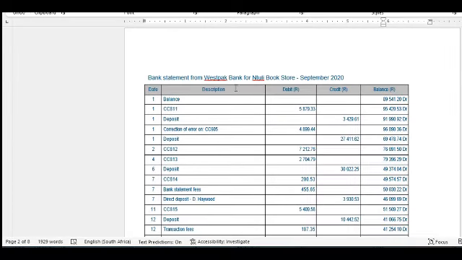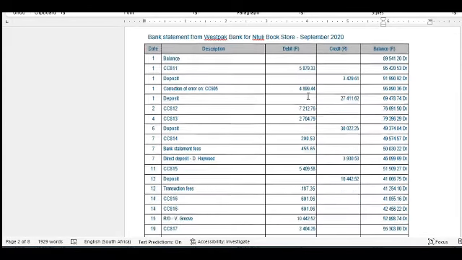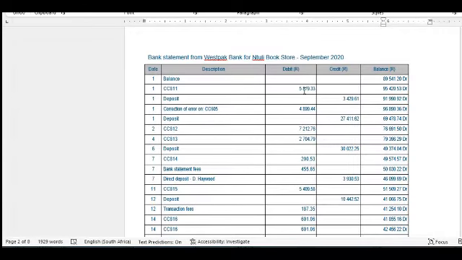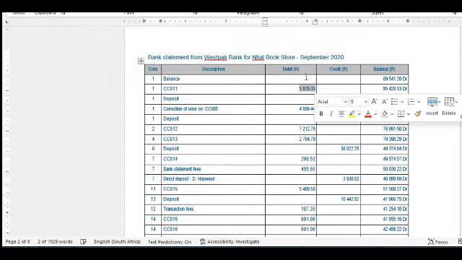And then, of course, we get the bank statement. So this is the bank statement. And just remember, this is not your bank account. This is the statement from the bank. So in this case, whenever there is an amount that leaves your account, it is debited.